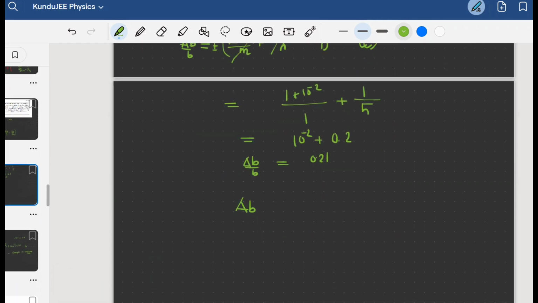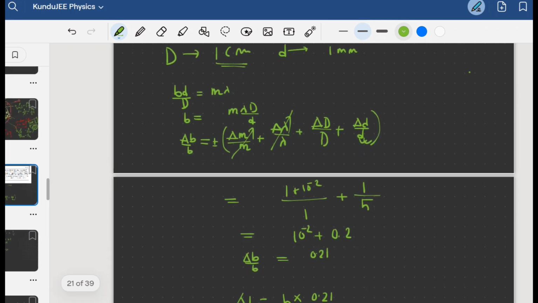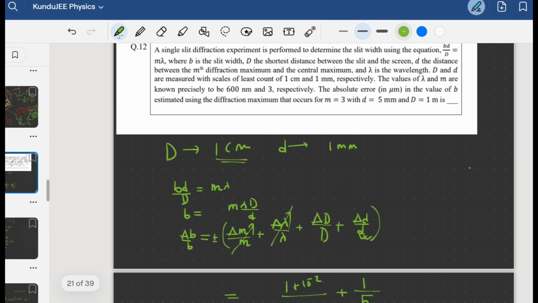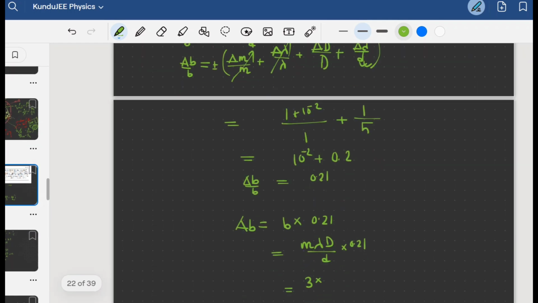So what is the absolute error in b? Delta b is b into 0.21. Now what is b? From the formula I can put the value of b, m lambda capital D by small d, into 0.21. So m value is given as 3, lambda value is given as 600 nanometer.